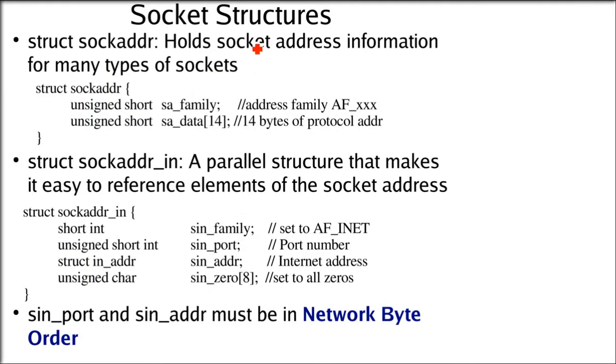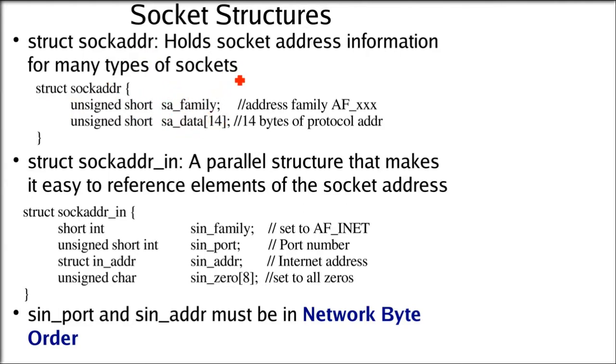Now the second thing which comes in sockets is structures. Structures can hold different data types. The basic one for all the sockets is struct sockaddr. This holds socket address information for many types of sockets.